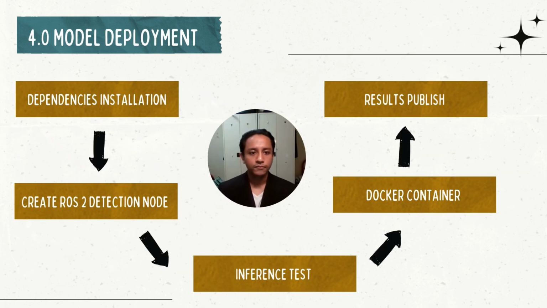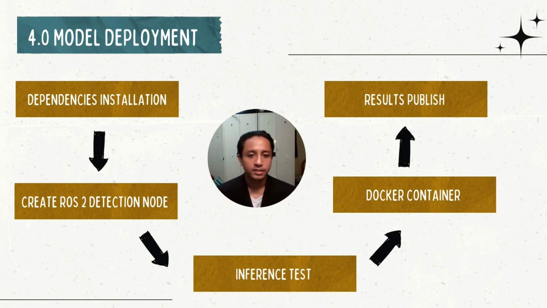All right. So the next step is model deployment. We start with the very first step, which is dependencies installation. A PyTorch dependency, which is the main framework for the YOLOv8 model, was installed on the Pi-Fi.